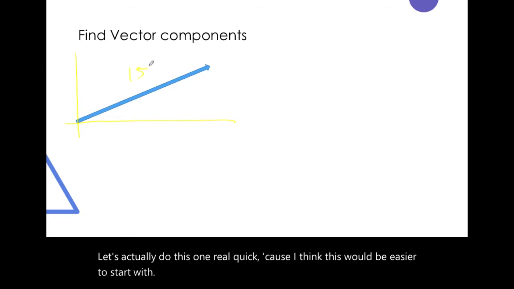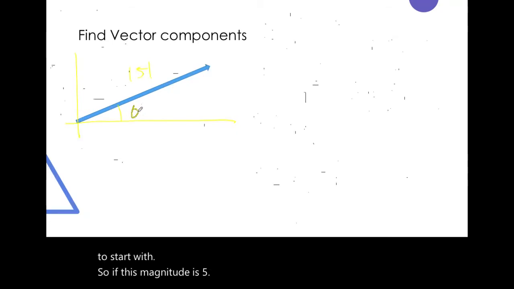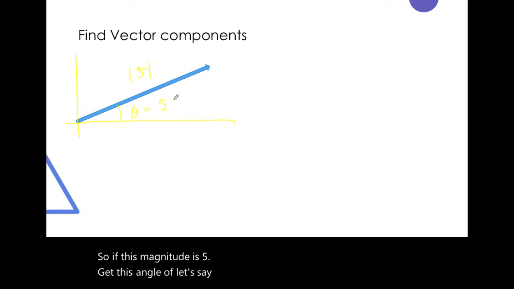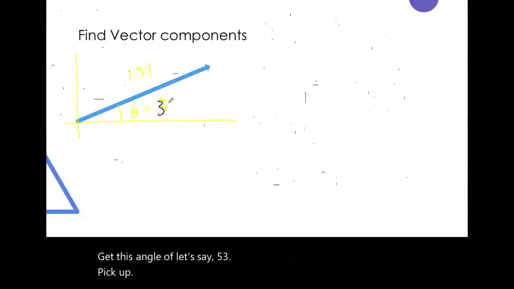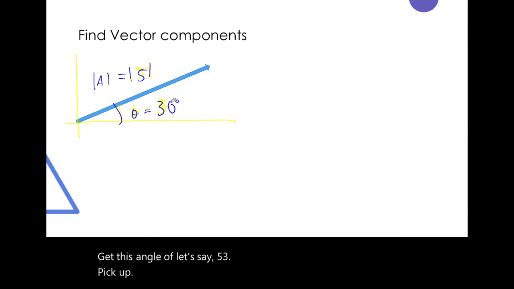So if this magnitude is 5, we got this angle of, let's say, 30. Pen color is blue. Okay.